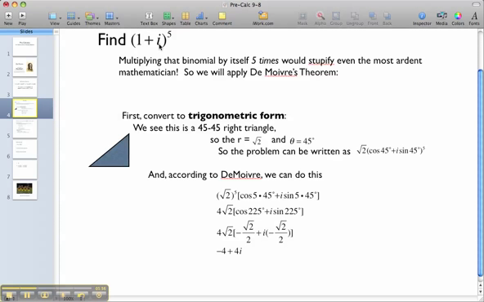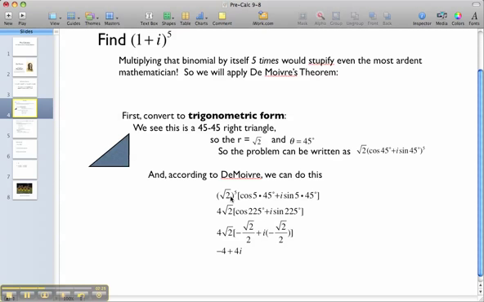So with our particular coordinate here, it's 1 on the x-axis, 1 on the y-axis, so we have a 45-45 right triangle. That means that our hypotenuse, or r value, is the square root of 2, and theta is 45. So we can write that as square root of 2 cosine 45 plus i times the sine of 45. Now when we take this to the 5th power, make sure you write all these steps down because they're a little confusing.